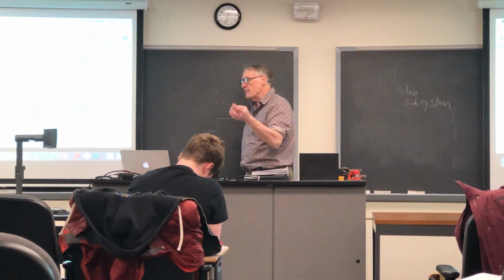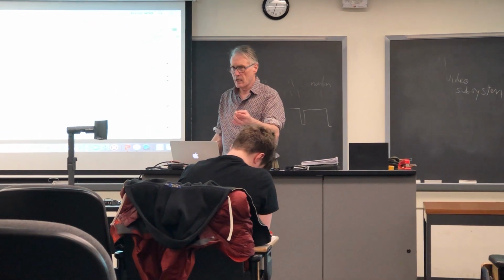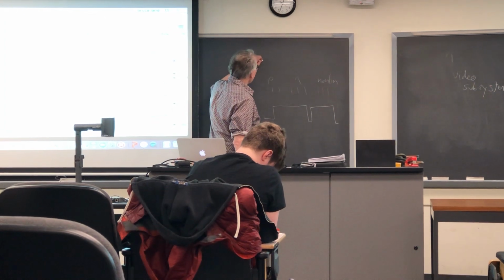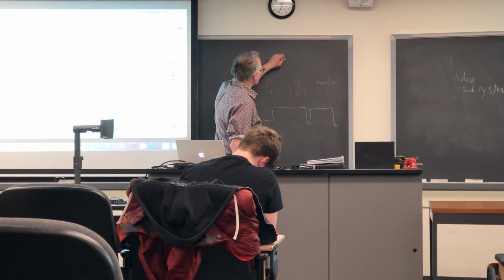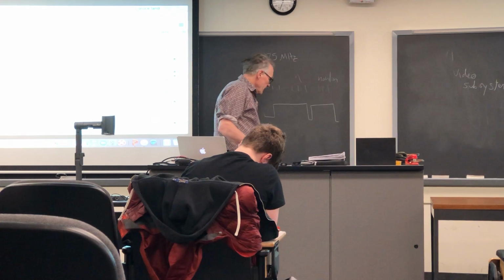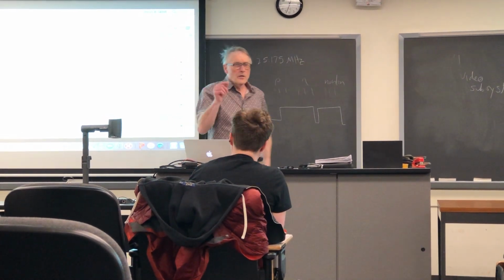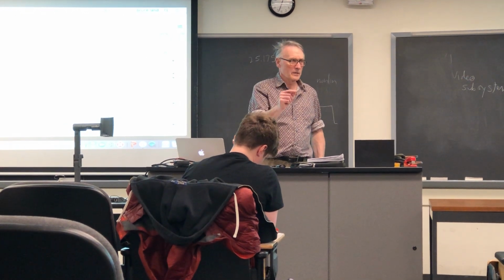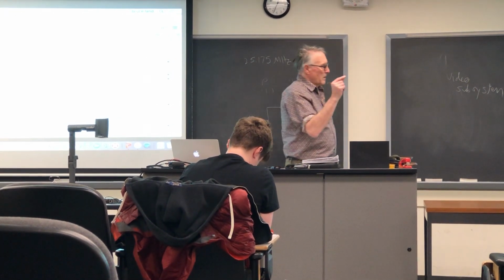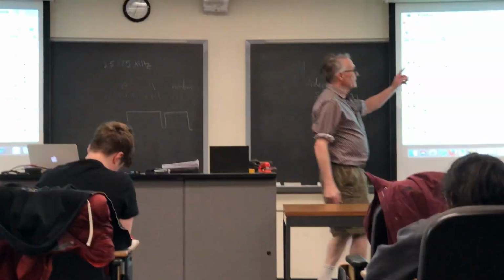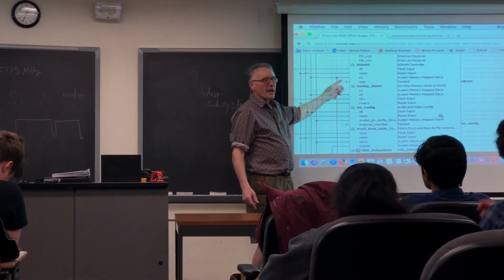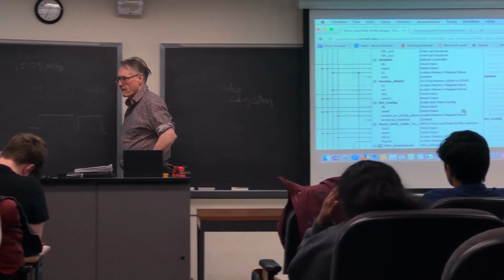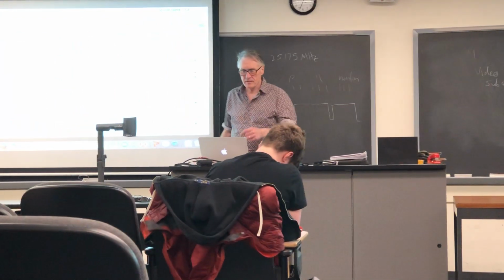On every VGA clock, there's a VGA clock happening at 25.175 megahertz. On every VGA clock, the VGA subsystem is sending out an address that's causing SDRAM then to send back a color to the display subsystem.